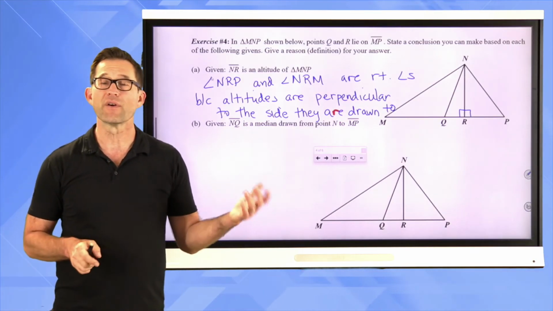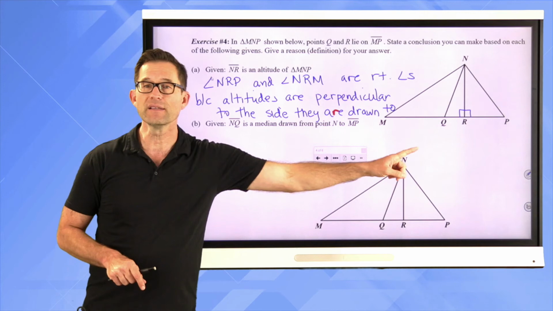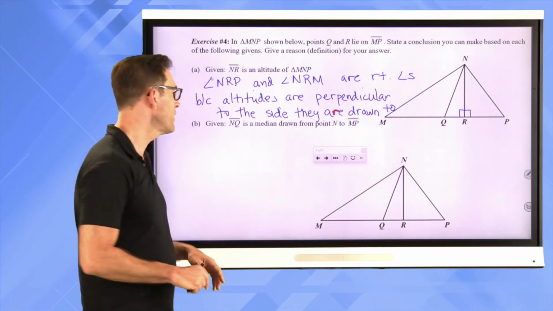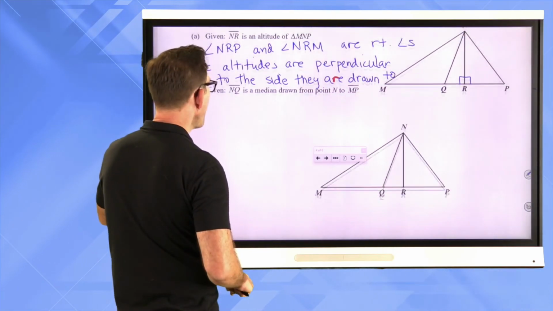A median is very similar in that it is a line segment drawn from a vertex to the middle of the opposite side, right? So we could conclude a variety of things from this.